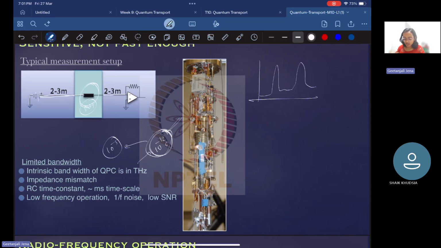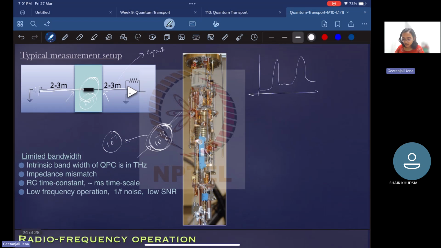These connecting lines, or this circuit that we are using to measure the current, have certain capacitance, right? Because of this high impedance and the capacitance of this transmission line, there will be an impedance mismatch at this interface. Because of this mismatch, whatever signal we are getting from this device under test will get reflected here, and also here. That means we are losing the information because of this impedance mismatch.